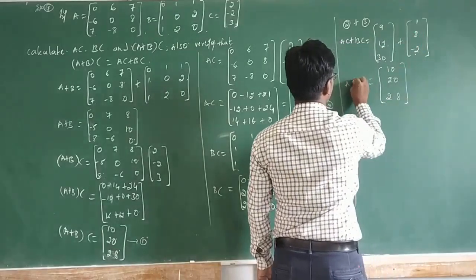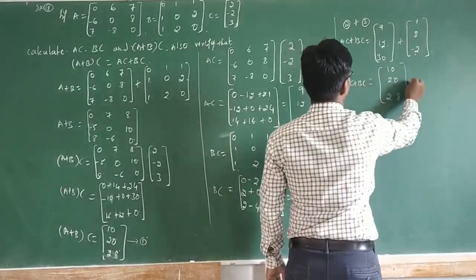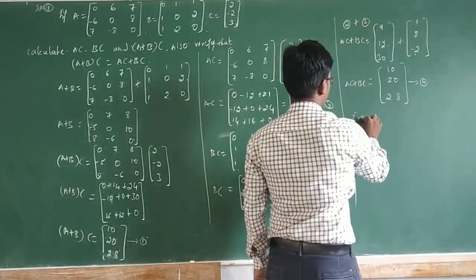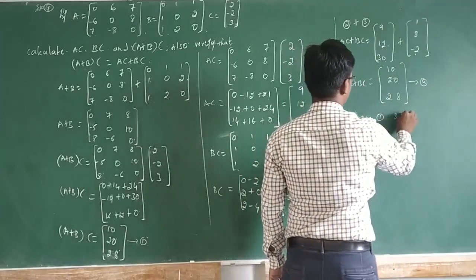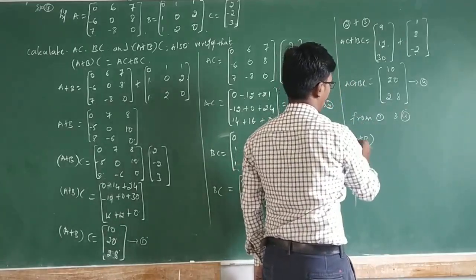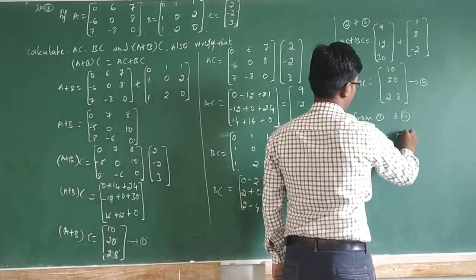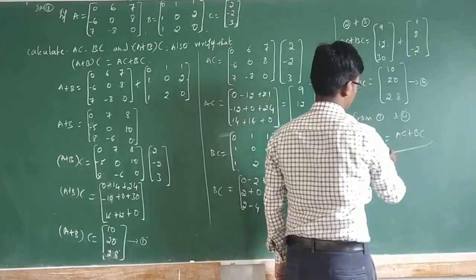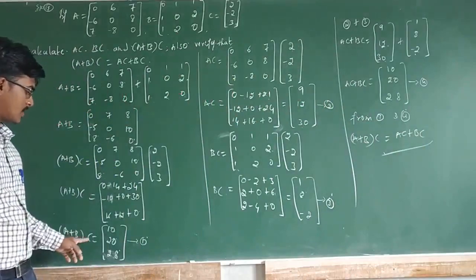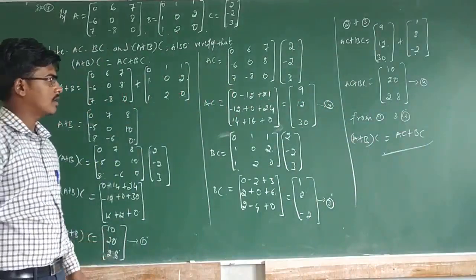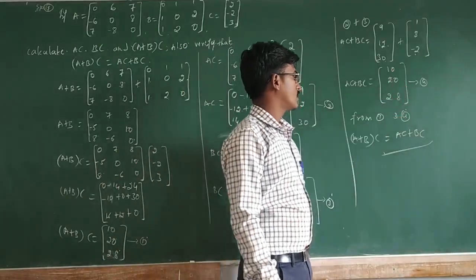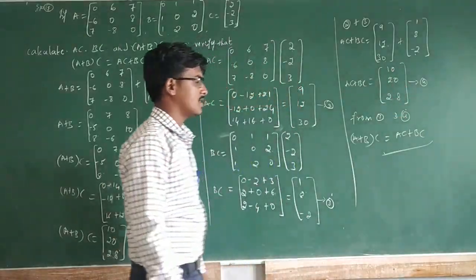This is AC plus BC. From equations 1 and 2, what do we get? A plus B of C is equal to AC plus BC. A plus B of C is 10, 20, 28. AC plus BC is 10, 20, 28. So A plus B of C is equal to AC plus BC.